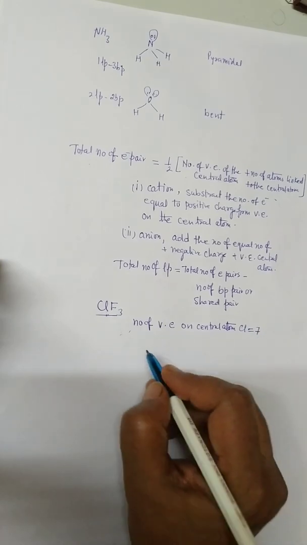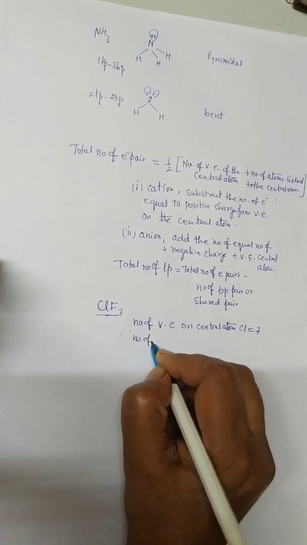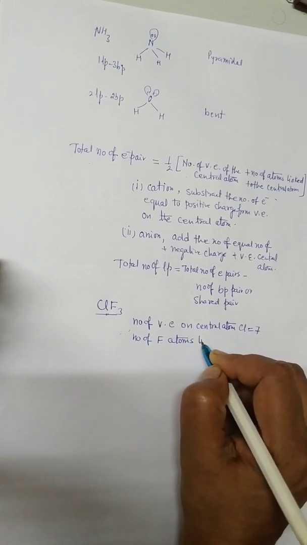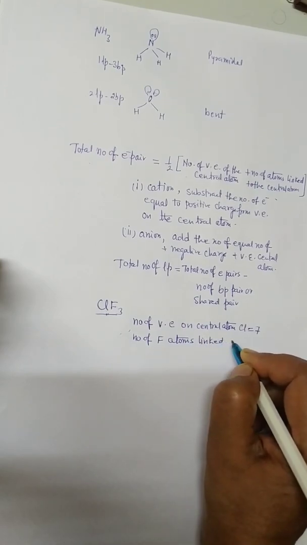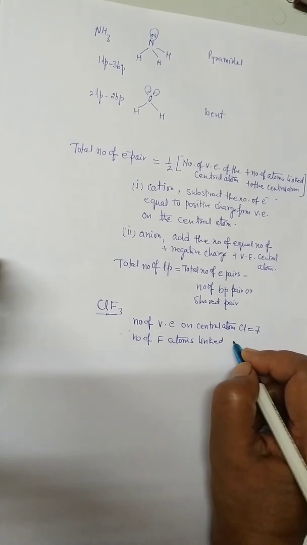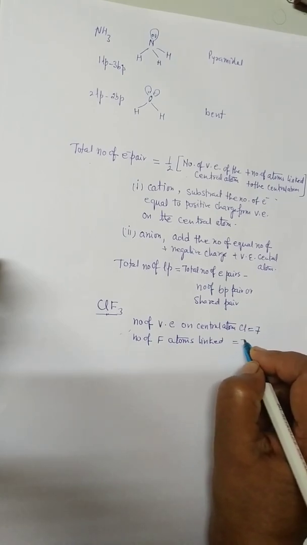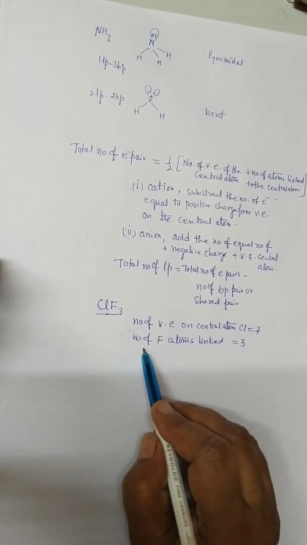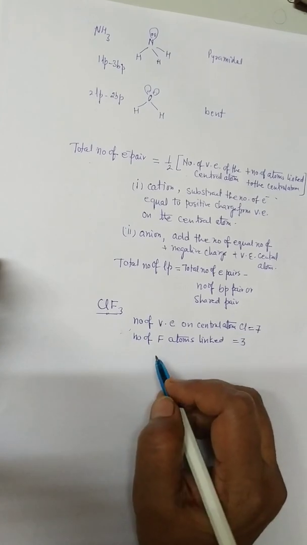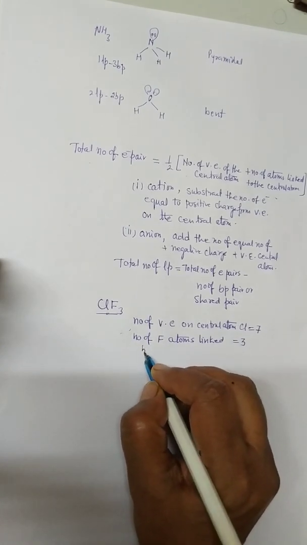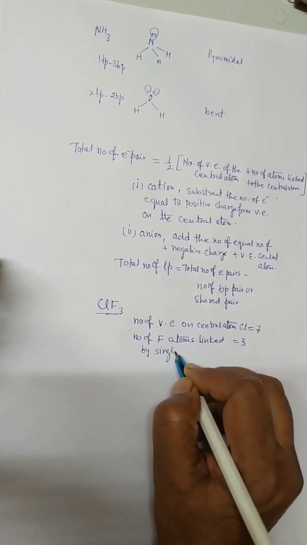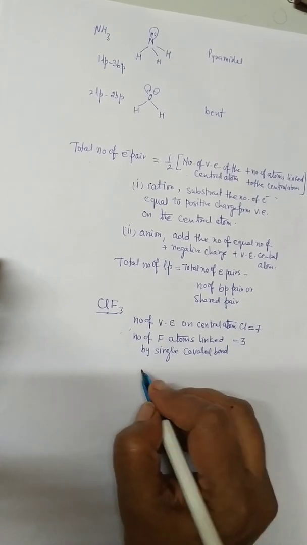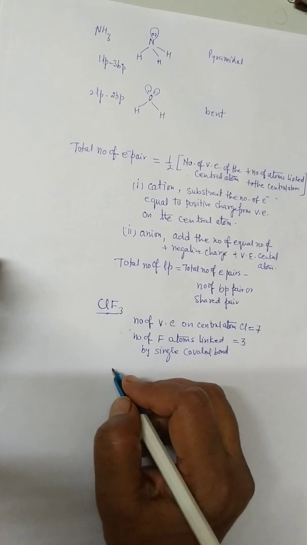Okay, and the number of fluorine atoms linked to the central atom by single covalent bonds, how many are there? 3. ClF3, F is 3 here. So we apply the formula.